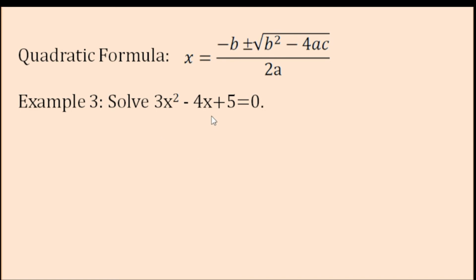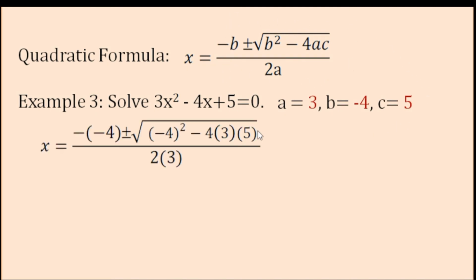Example number 3. 3x squared minus 4x plus 5 equals 0. So a here is 3, b is negative 4, and c is 5. Plug them in to our quadratic formula. So this is what we get.